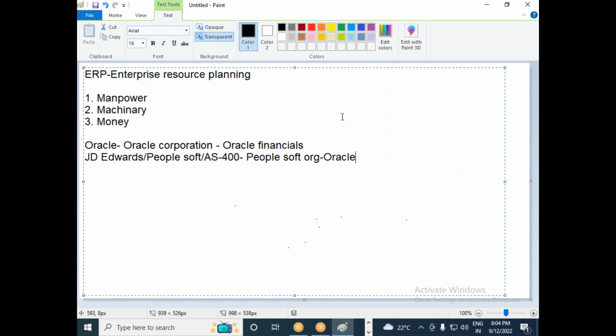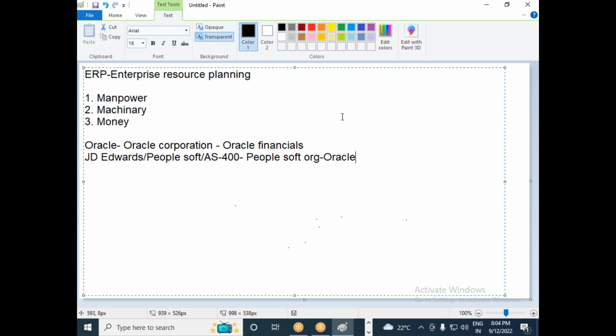Normally, they will do salary processing for the employees. They will recruit the people. They will train the people. They will also do some other legal activities, like PF processing. All those activities will be done by the human resource management department.